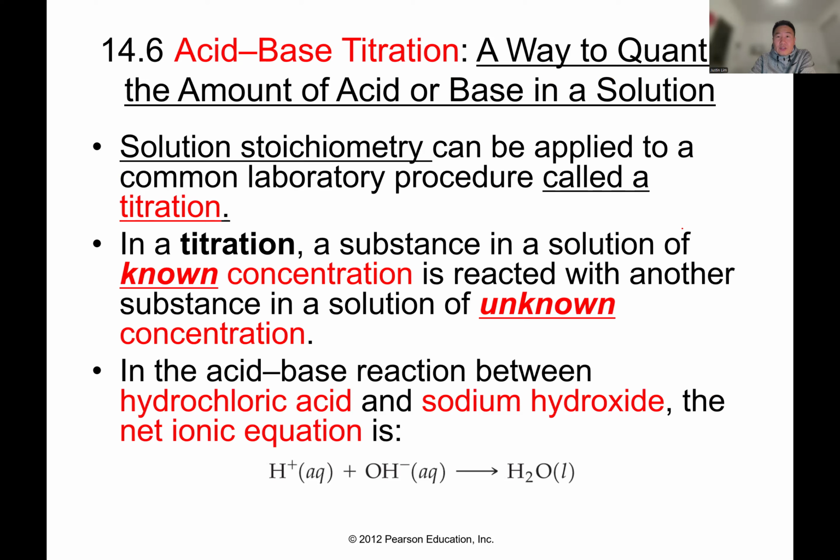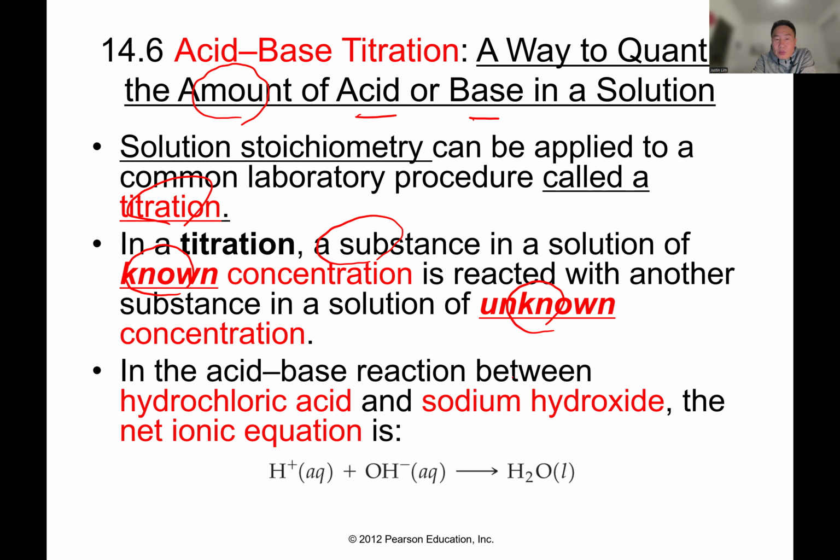Acid-base titration is a way to quantify the amount of acid or base in a solution. Solution stoichiometry can be applied to a common lab procedure called titration. In a titration, a substance in a solution of known concentration is reacted with another substance in a solution of unknown concentration.